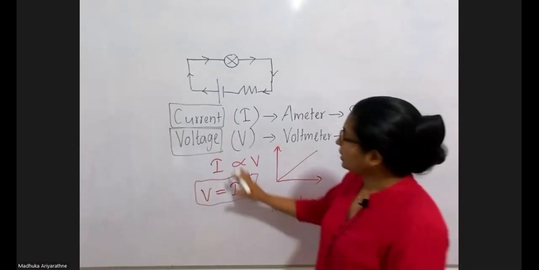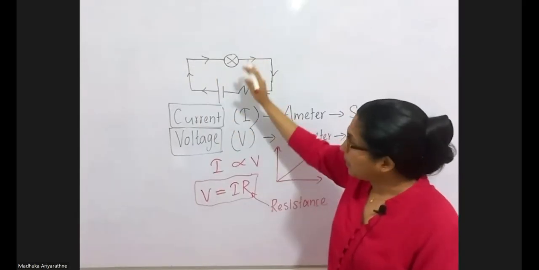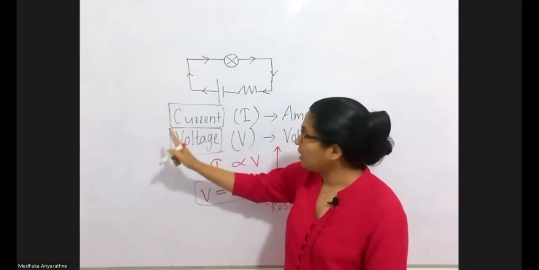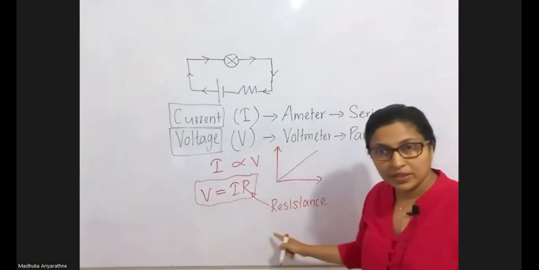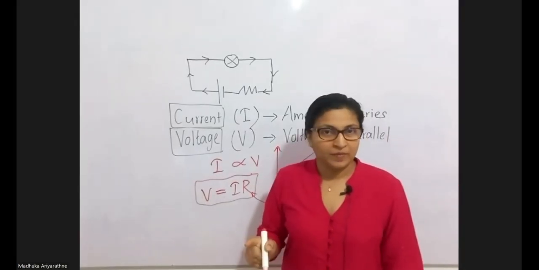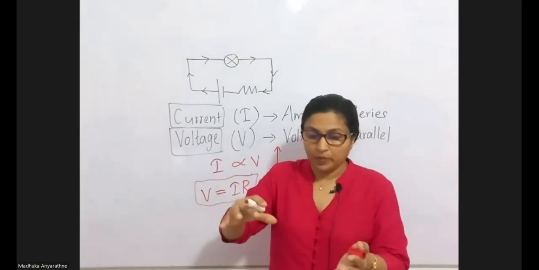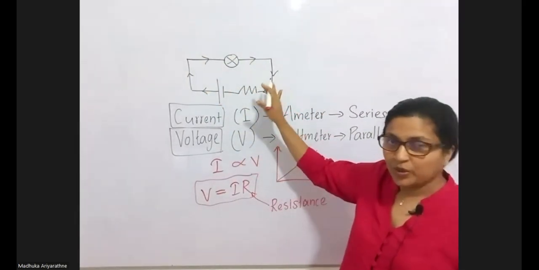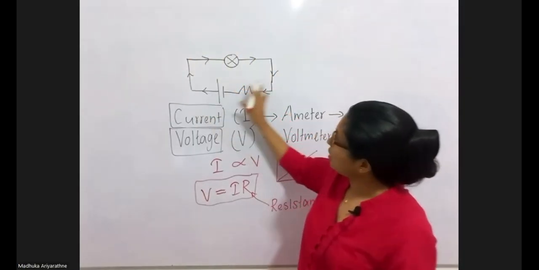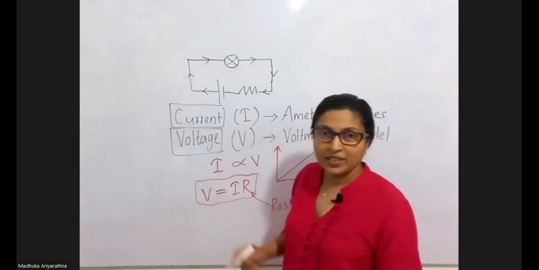So that means if we take a conductor or a circuit, apart from the current and the voltage, we can measure the resistance as well. For that, there is specific equipment that we can fix in this circuit. In this circuit, can you recognize the resistor that I have drawn?